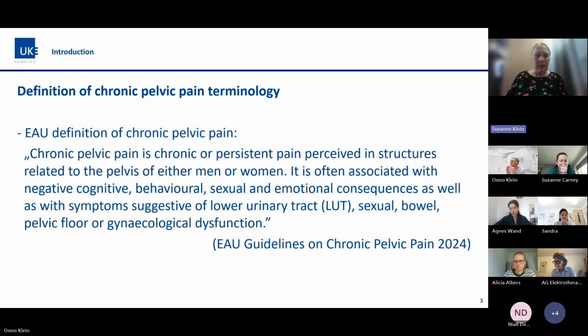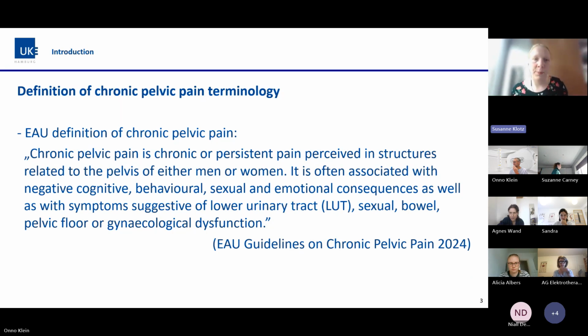I've displayed as an example the definition from the European Association of Urology. As you can see, chronic pelvic pain is pain that is perceived in structures related to the pelvis, which means that the cause does not necessarily have to be located in the pelvis, but the patient perceives it as located somewhere there.